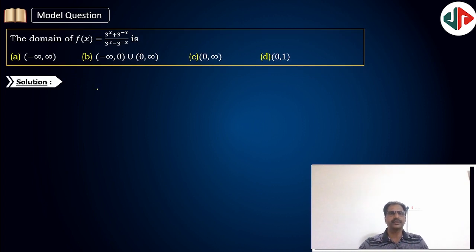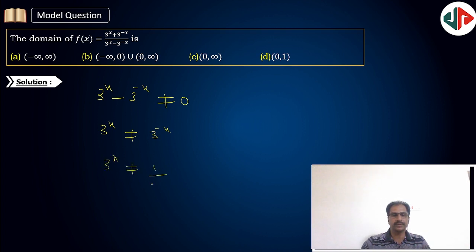Next, again domain of the function. Here denominator should not be 0. Three power x is not equal to 3 power minus x. This is 1 by 3 power x. Do cross multiplication. 3 power 2x not equal to 1. 1 can be written as 3 power 0.